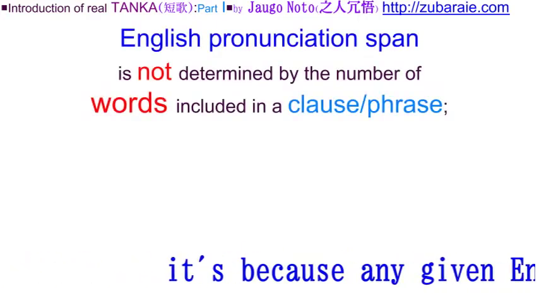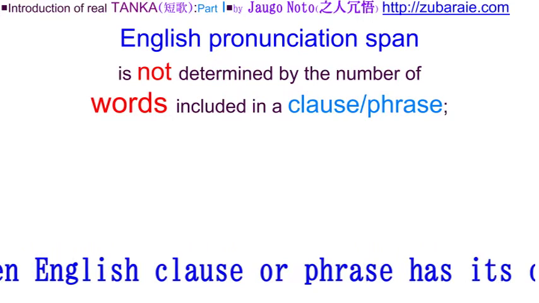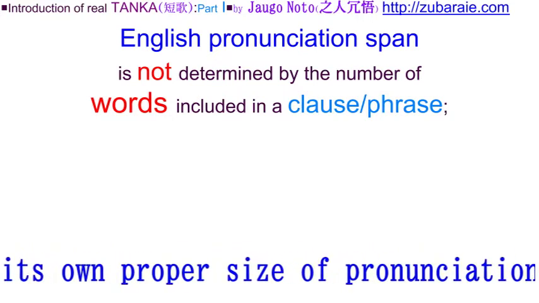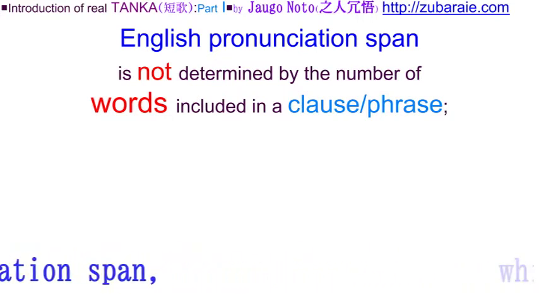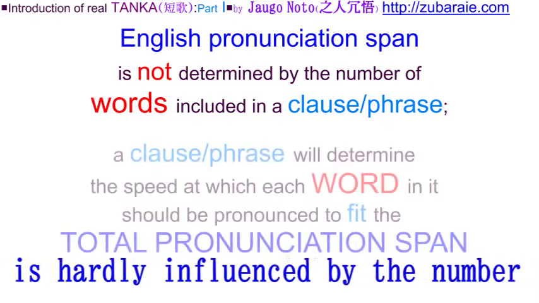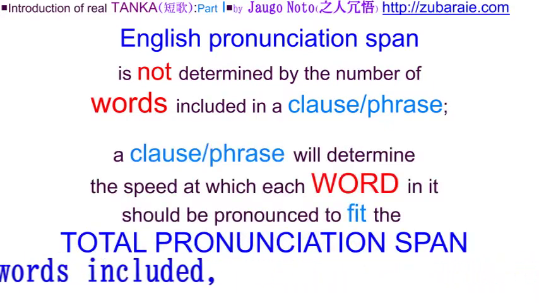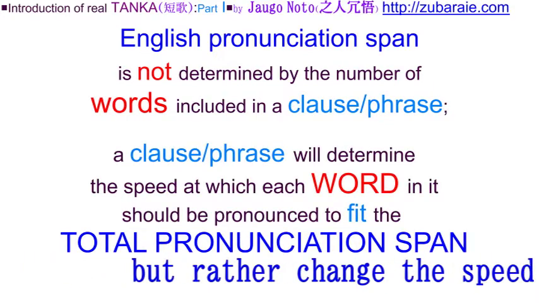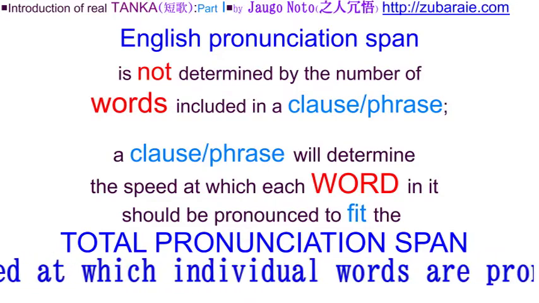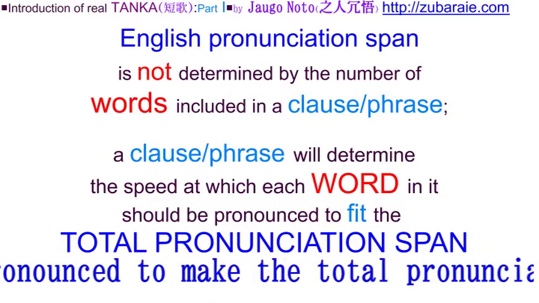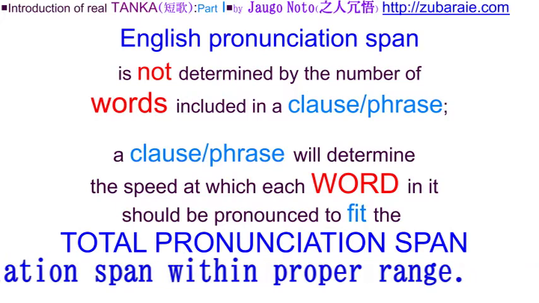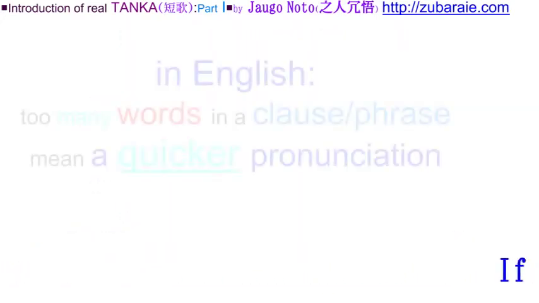Why is it so? It's because any given English clause or phrase has its own proper size of pronunciation span, which is hardly influenced by the number of words included, but rather changes the speed at which individual words are pronounced to make the total pronunciation span within proper range.